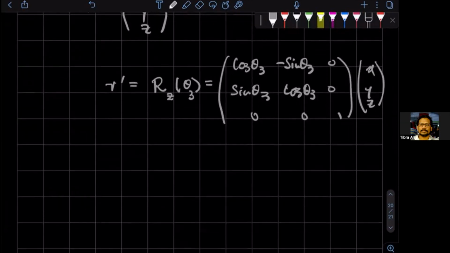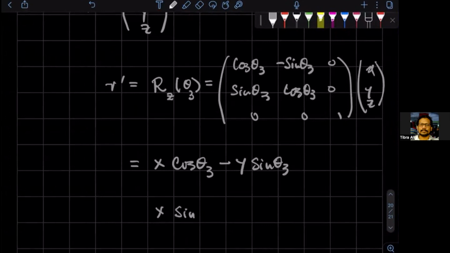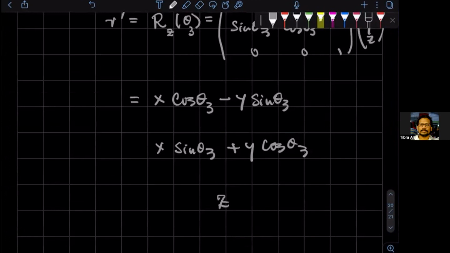So the x component and the y component get mixed up, right? The first becomes x cosine theta 3 minus y sine theta 3. The second component becomes x sine theta 3 plus y cosine theta 3. And the z component, nothing happens to it. Okay, so this is r prime.